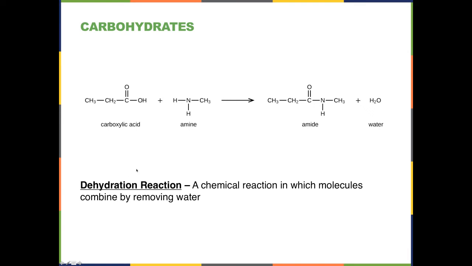And what you have is the combination of a substance that generally has an OH or a hydroxide group on the side, like this one here, and it combines with this hydrogen here and forms water. And at that time, when these two are removed, then this carbon links to this nitrogen in this case to form this larger molecule. And this is an example of a dehydration reaction.